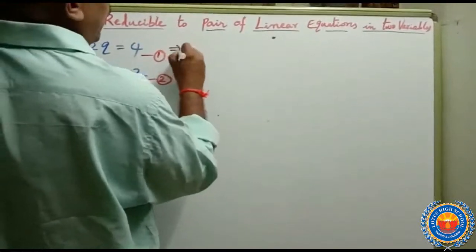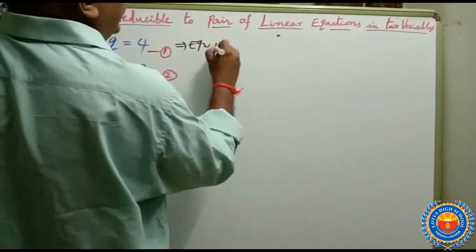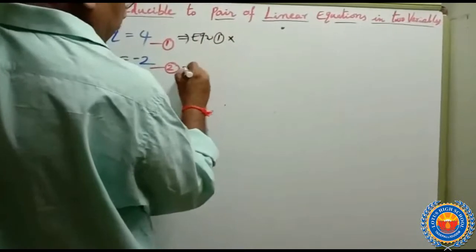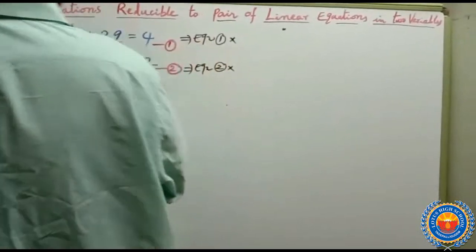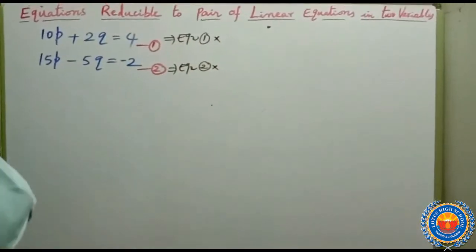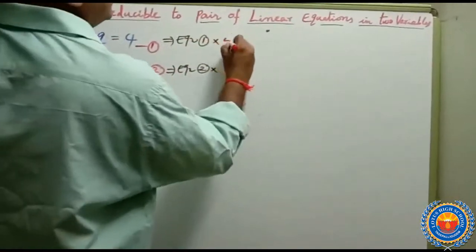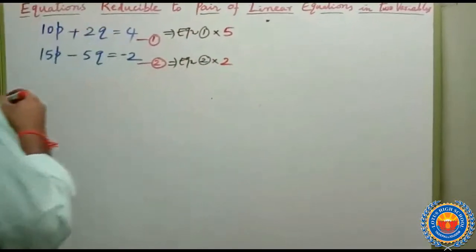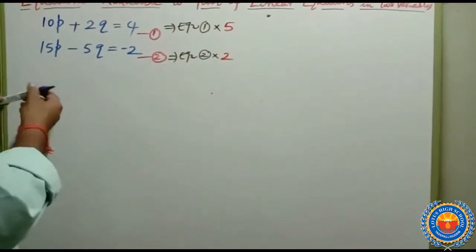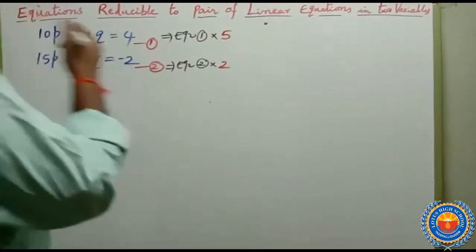Equation 1 into something, equation 2 into something. What is the something? Here equation 1 into 5, equation 2 into 2. So let us multiply.